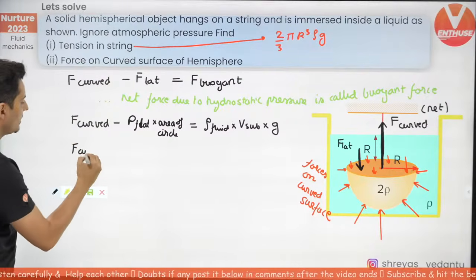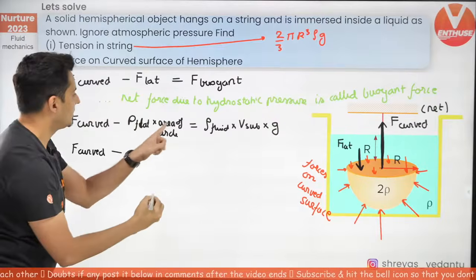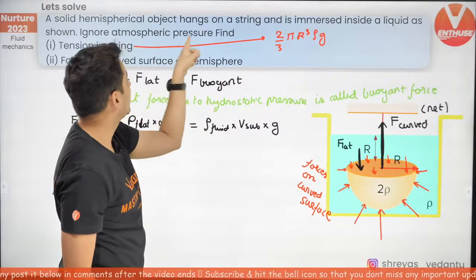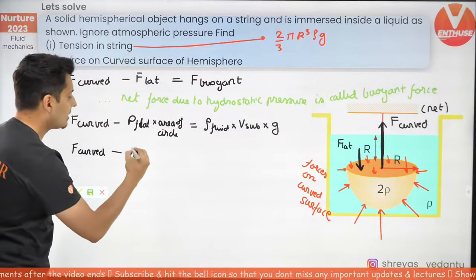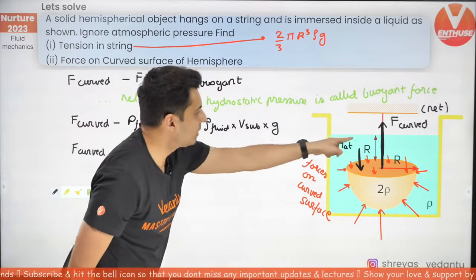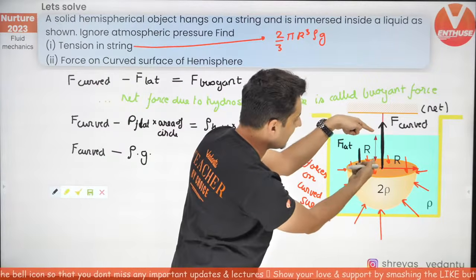So the force on the curved surface will be the buoyant force minus this pressure force. What is pressure? Pressure is rho g h. Remember, we have to ignore the atmospheric pressure. So it will be rho g h. Rho is rho, g is g. H, what's the height of this circular base? It's at a distance of r. Can you see that?